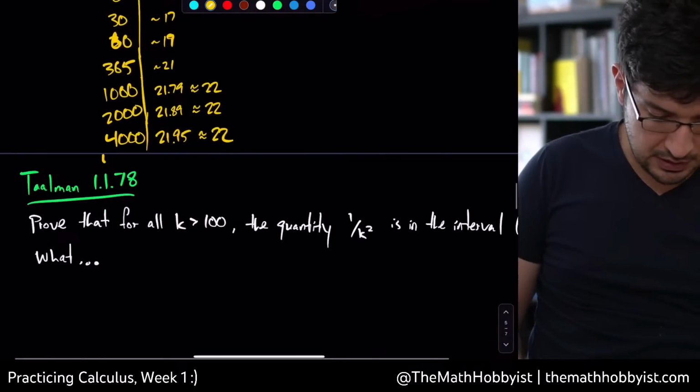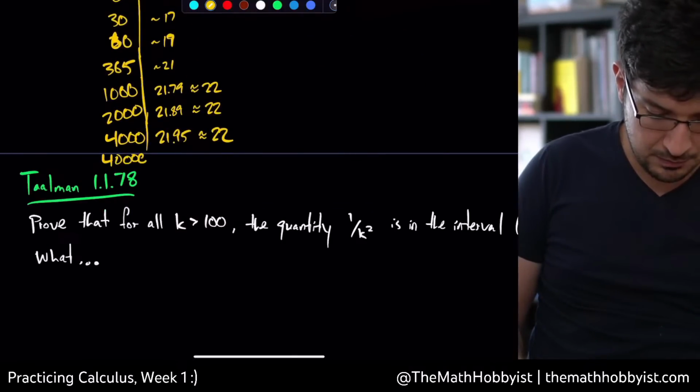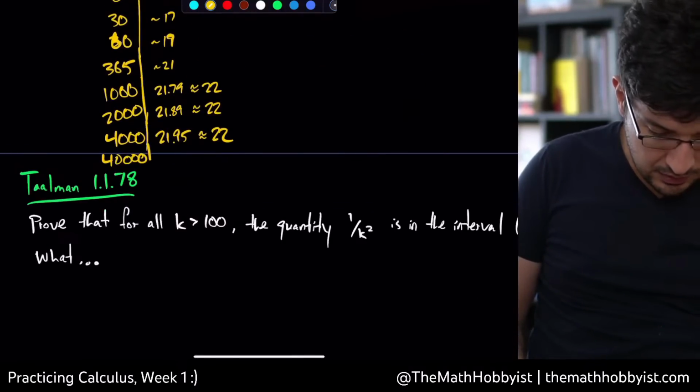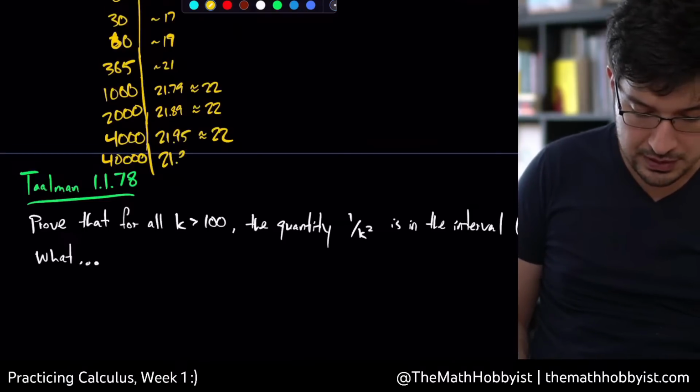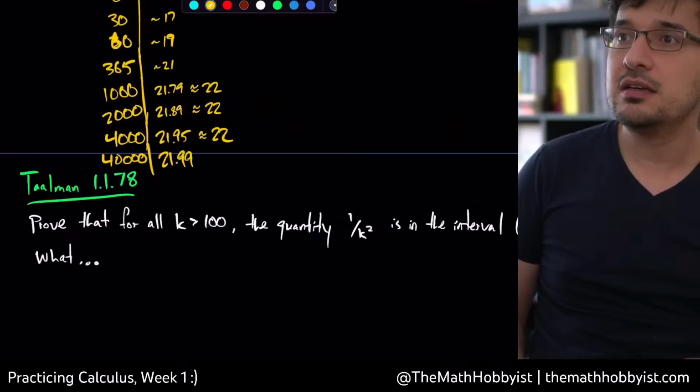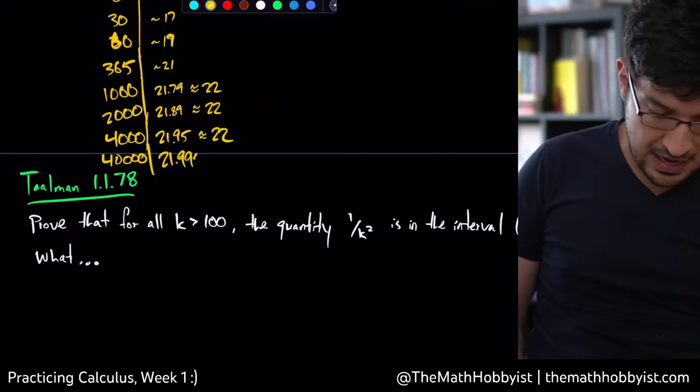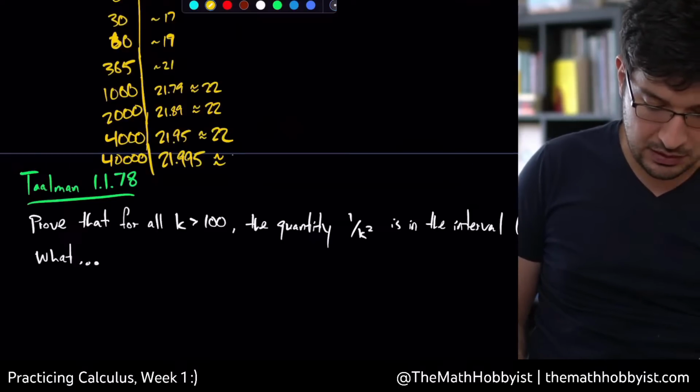I just plugged in an extra 0, so now we have 40,000, and we got 21.99995. Again, that's really close to 22.